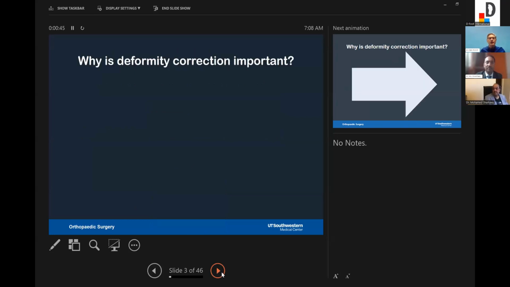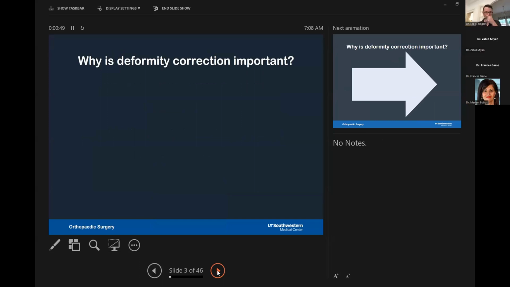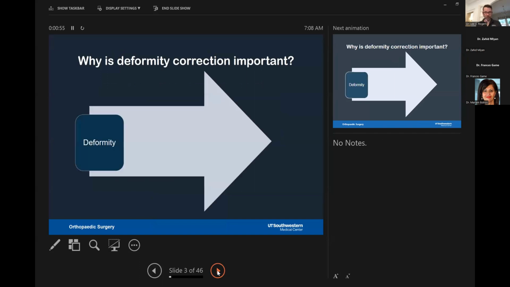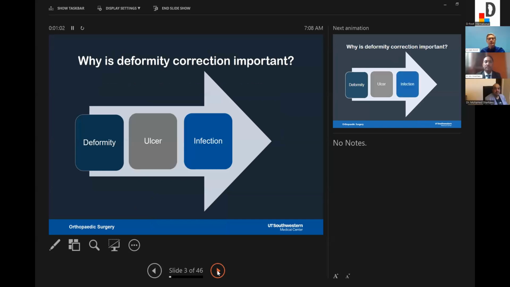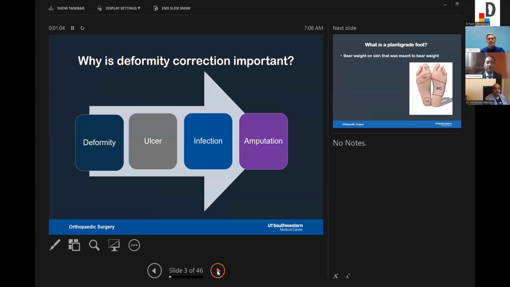When I start off, my question is, why is deformity correction important in patients with diabetes? I try to keep it very simplistic for myself. If we have a deformity, that leads to an ulcer, which can lead to an infection, and obviously can lead to an amputation, because we know that all infections in diabetic foot patients begin with a pre-existing wound.